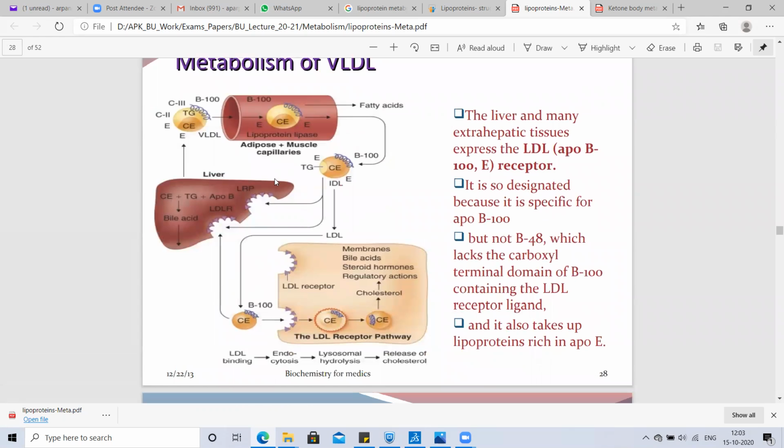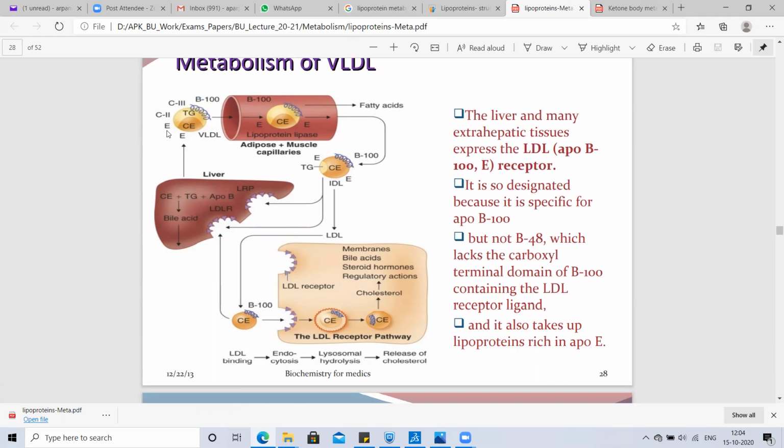Here, as we already know, in VLDL, triglycerides, cholesterol ester, apolipoprotein B100, C3, C2 and apolipoprotein E are present. It comes from the liver, where the liver is the site of synthesis of this VLDL.